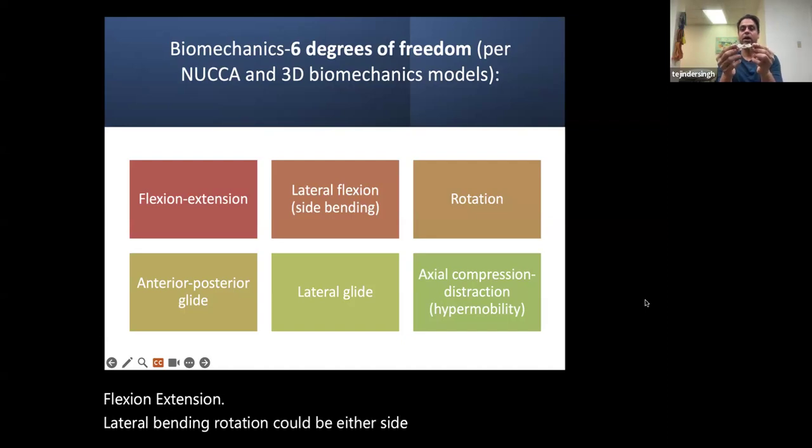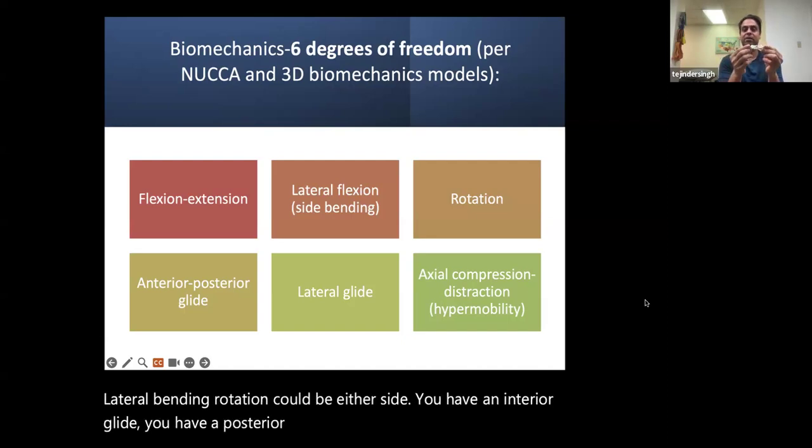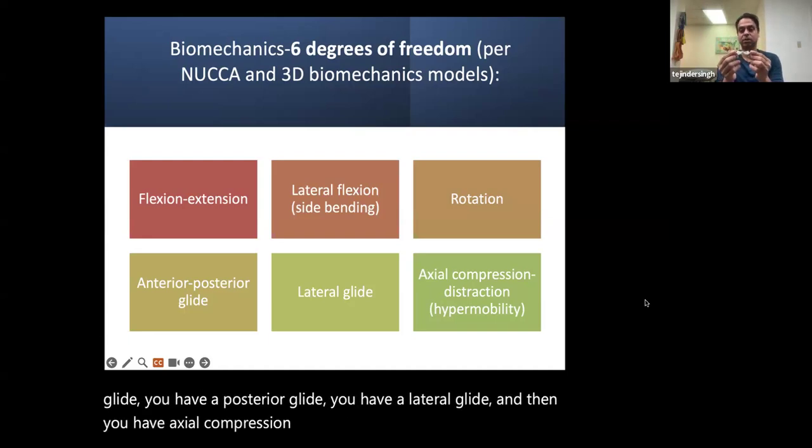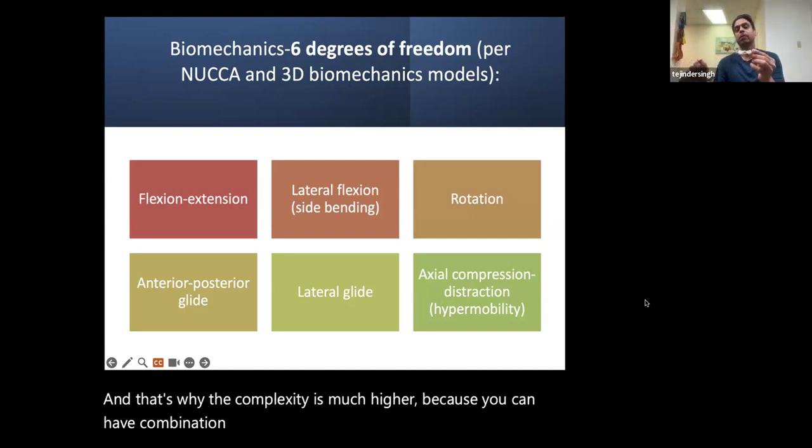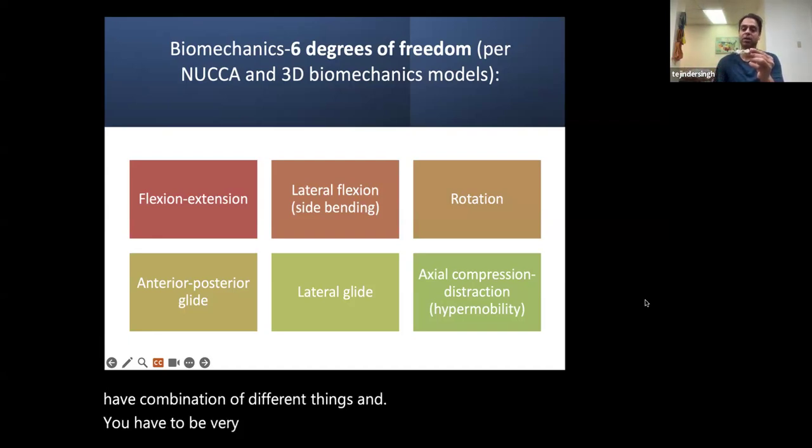You have an anterior glide, a posterior glide, a lateral glide, and then axial compression and distraction. That's why the complexity is much higher, because you can have a combination of different things. And you have to be very skilled to appreciate that.